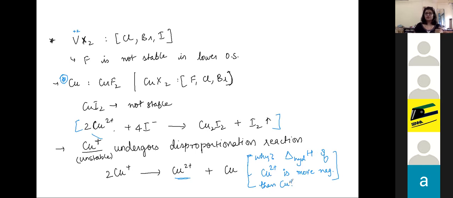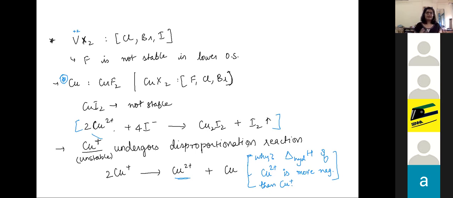So Cu2+ is more stabilized in solution than Cu+. And so whenever you have Cu+ ions, they undergo a disproportionation reaction to give Cu2+ and Cu metal. Okay.